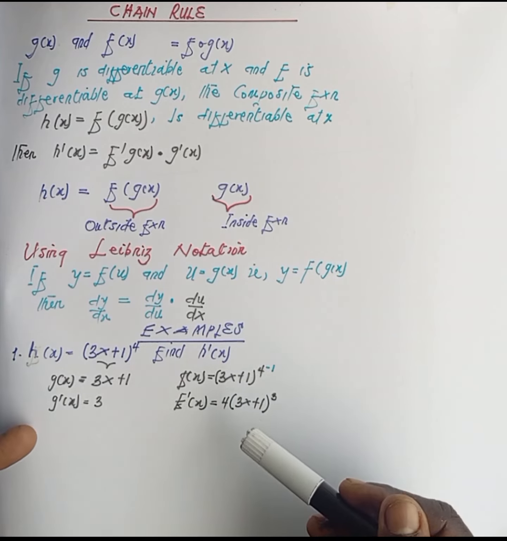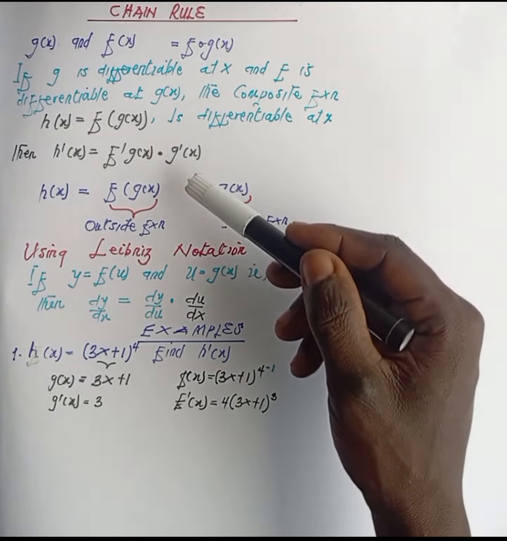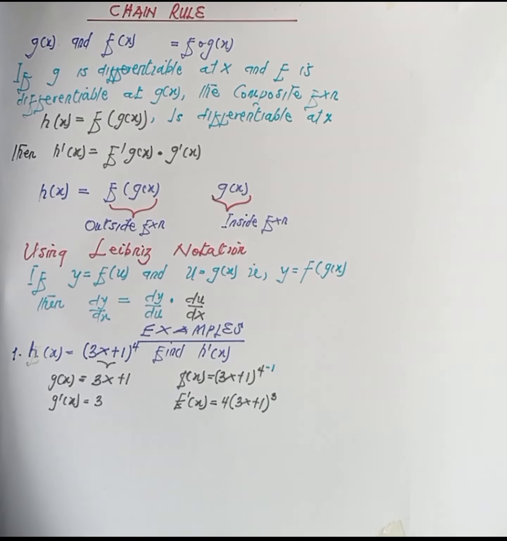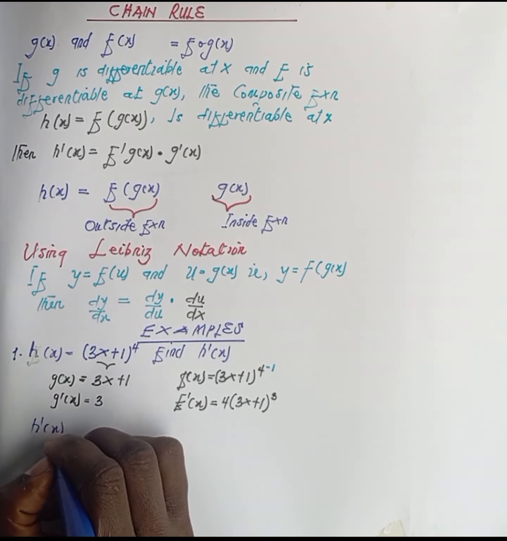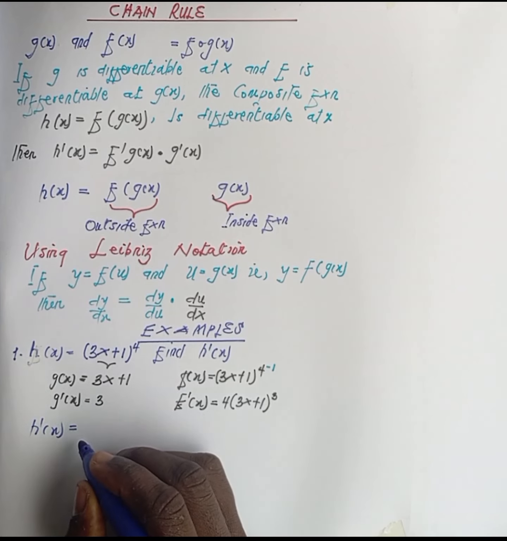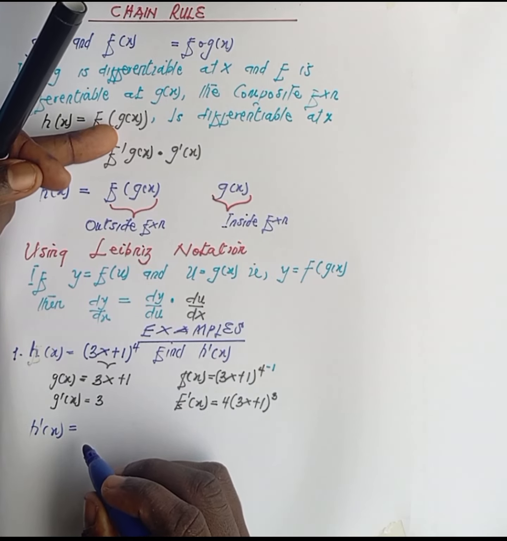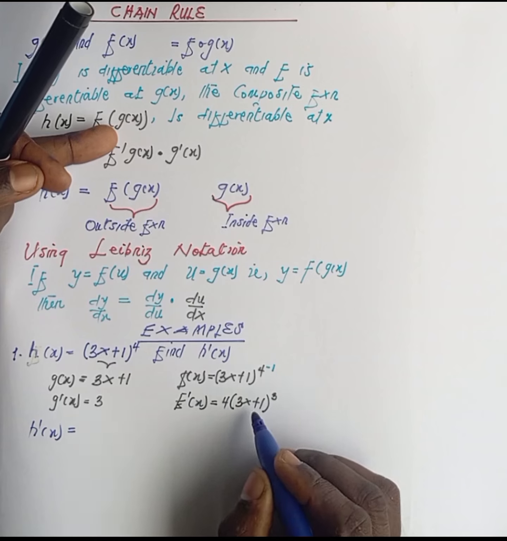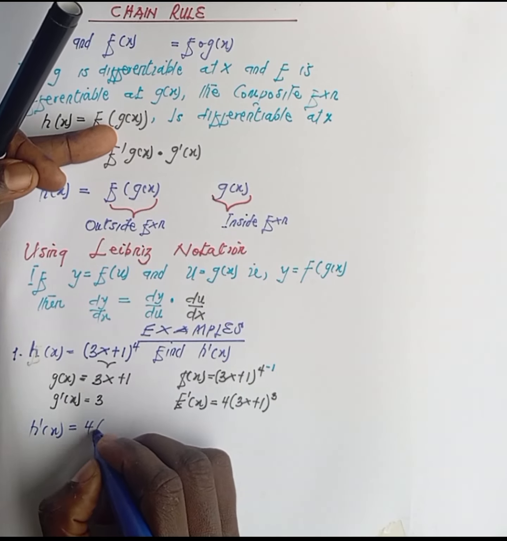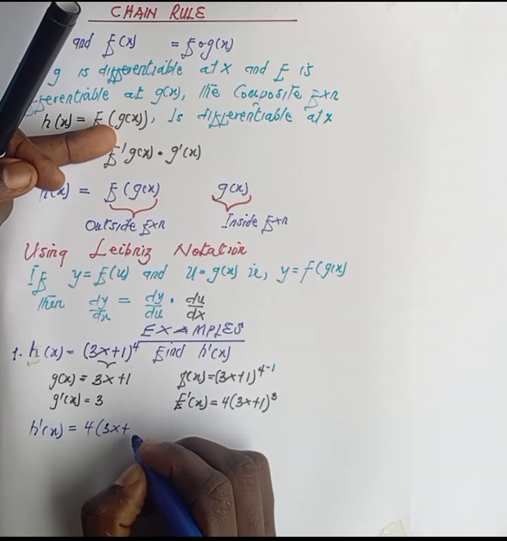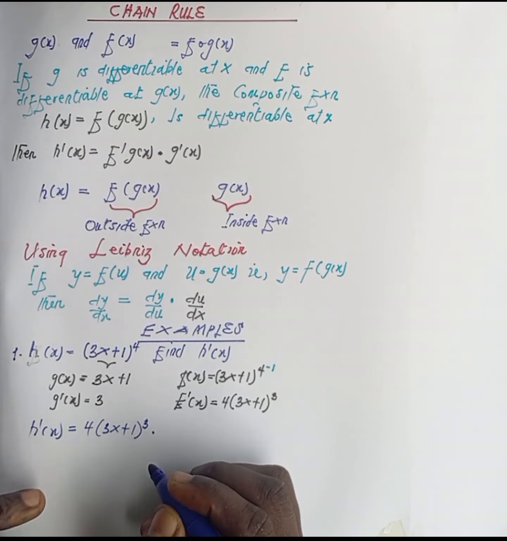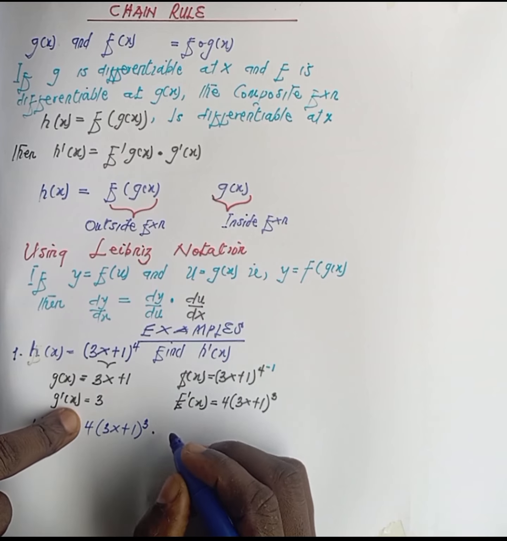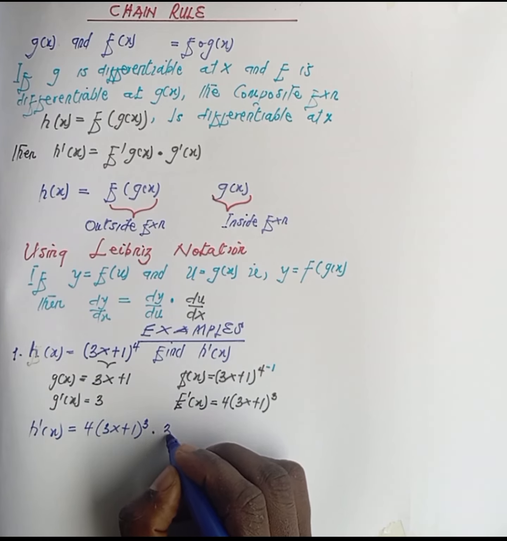We just take the functions and their derivatives into the chain rule formula. So our h prime of x is given by f prime of g of x, which is this one. We write 4 times the bracket 3x plus 1 all cubed, and then multiply it by the derivative of the inside function, which is 3.